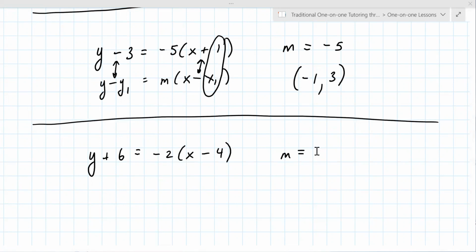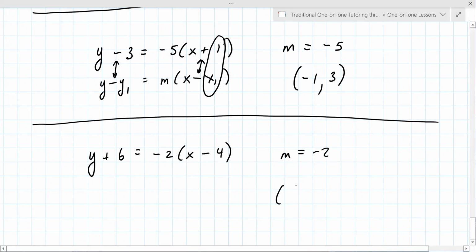And then for the point, now I'm going to write the equation again, and then that is going to be 4. What's the y value? And then for the y value, it's -6. Perfect. Are you ready to do one on your own?